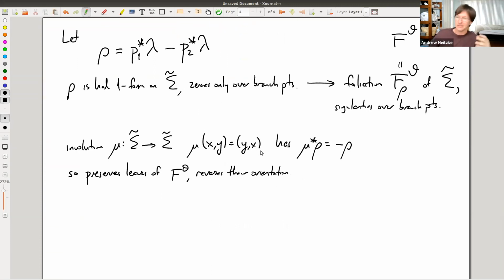Okay, so I hope it's at least clear that, maybe the formulas look a little abstract, but I've defined some foliation on the root curve. And now I want to show you some pictures of what it's like in practice. So for example, let's do the simplest case. Let's do the case when n is 2.